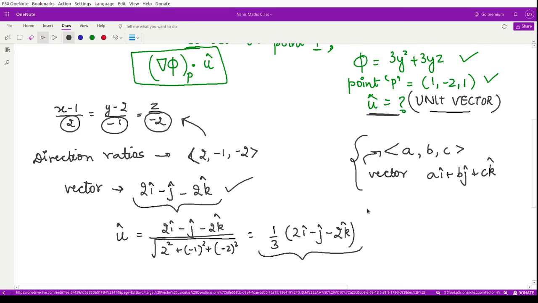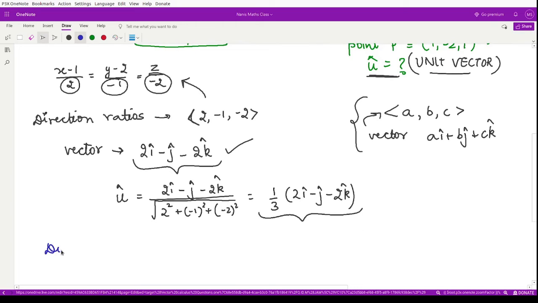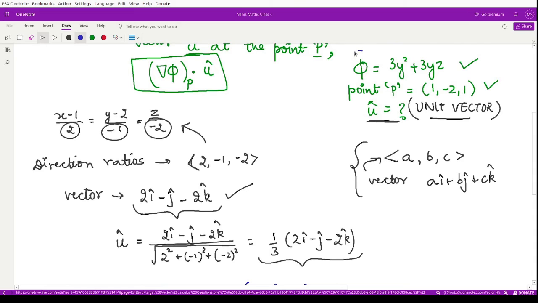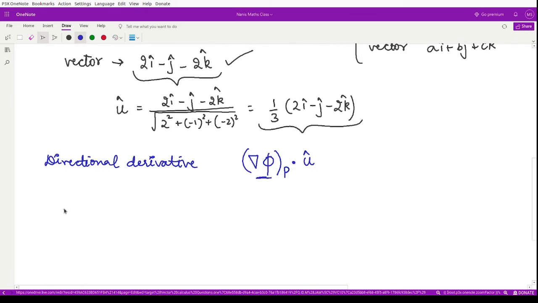Now we have all the three components. Therefore, your directional derivative would simply be given by this formula: the gradient of the given surface calculated at the point P, dot with this unit vector. Firstly, let us compute the gradient of the given surface phi, which is 3y square plus 3yz.